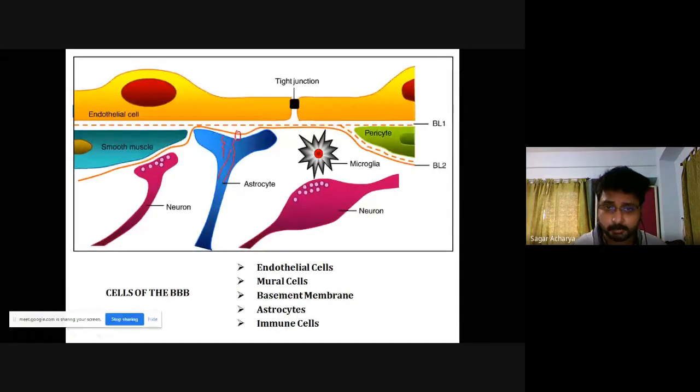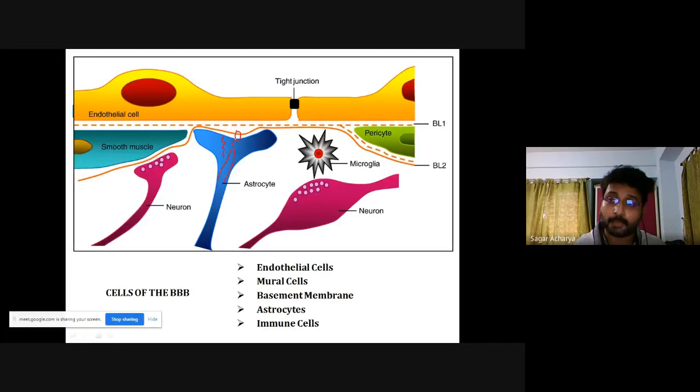That means there is an inductive effect of astrocytes: through this induction, the endothelial cells express the genes that are the major components of the tight junction. There are two types of junction, tight junction and adherens junction. Those are mainly expressed through induction from the astrocytes. Induction we will discuss later.